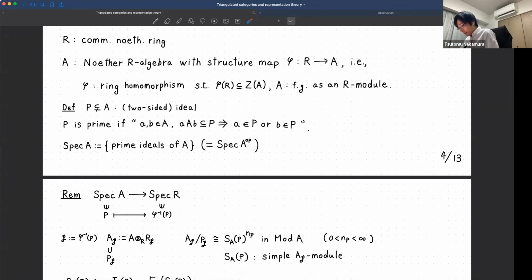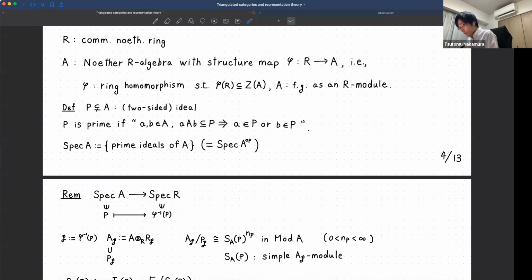Another important remark is that the structure map induces a map between spectra. This is not so obvious in general if we treat ring homomorphisms between non-commutative rings.